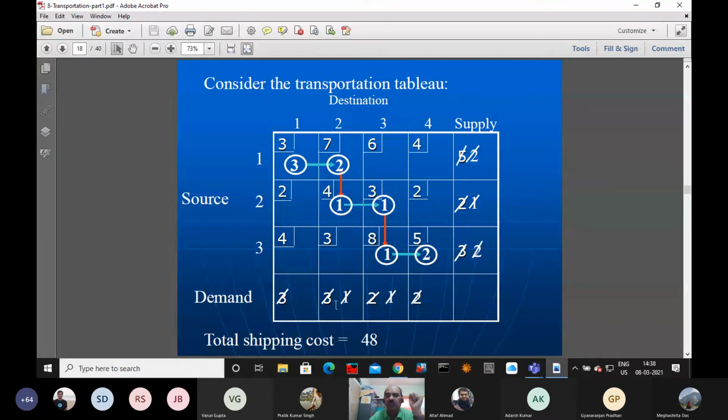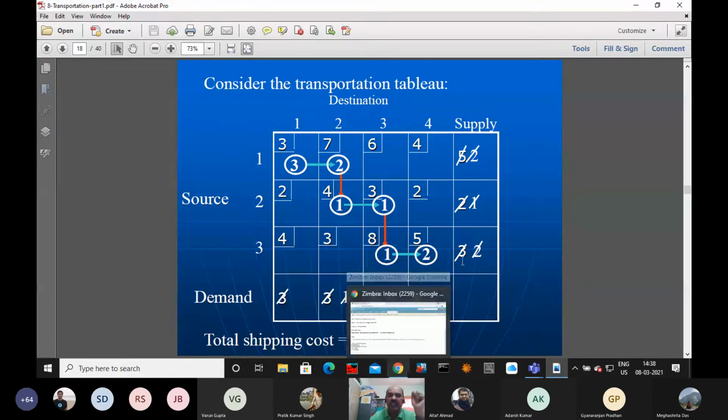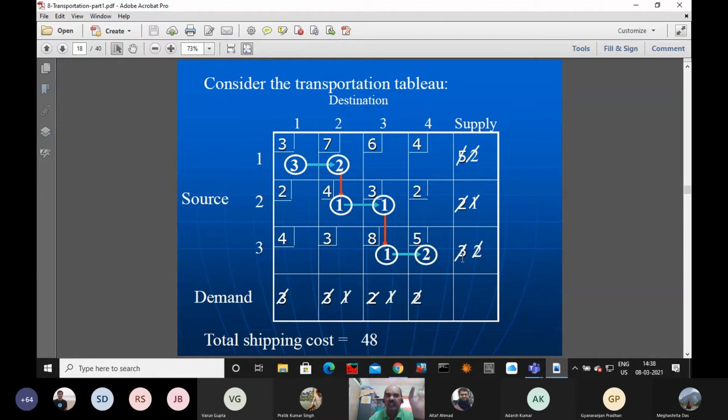In the new matrix, the first row and first column are gone. Now there remain 2 rows and 3 columns: second, third and fourth columns, and the second and third rows.